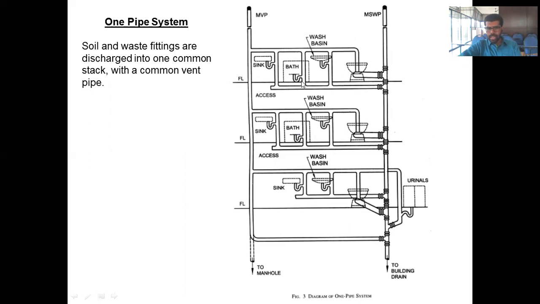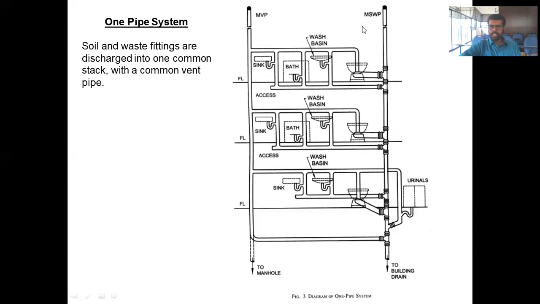Both the water closet waste as well as the other toilet fixture waste is being taken to a single stack. This is the main soil waste pipe only, and this is the main vent pipe, MVP.